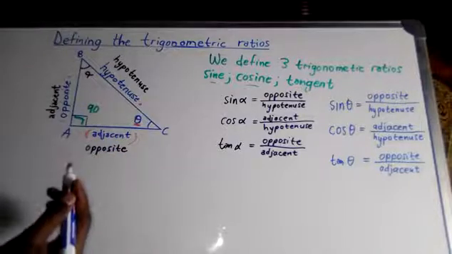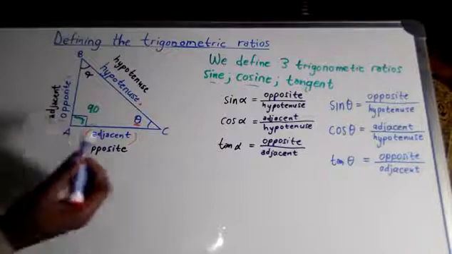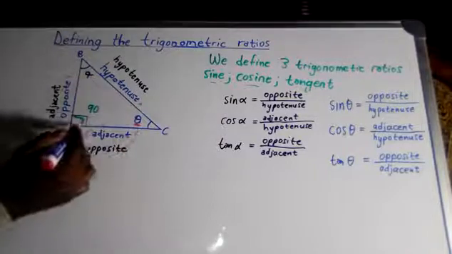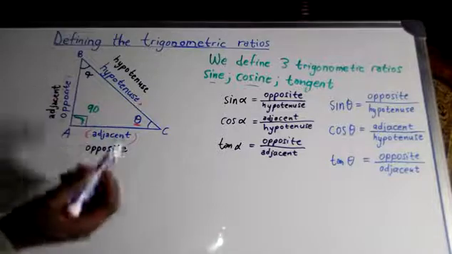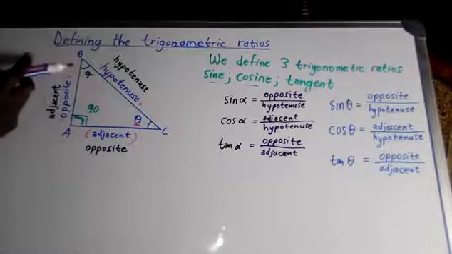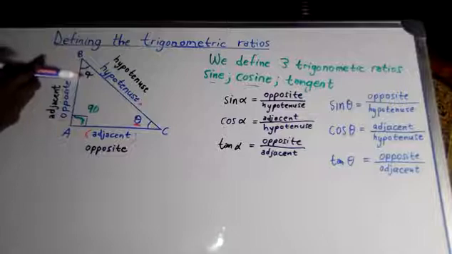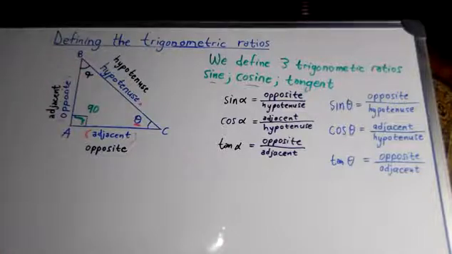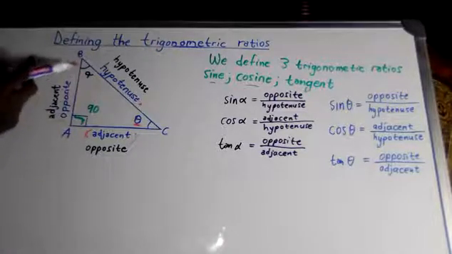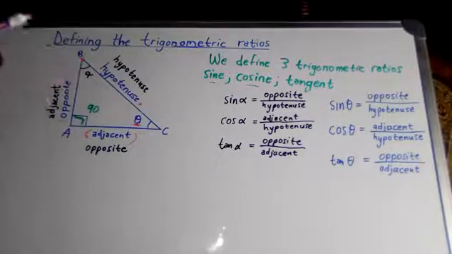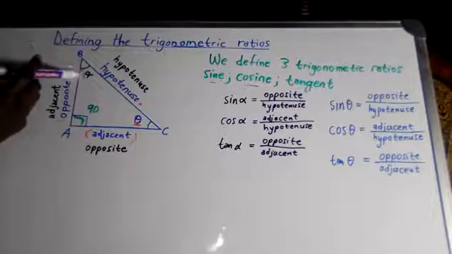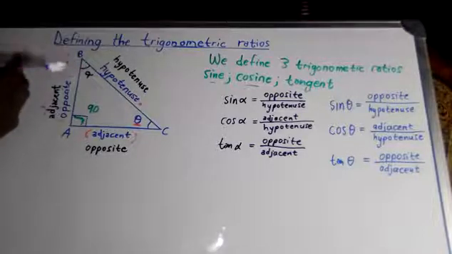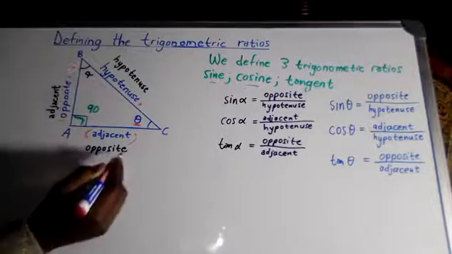Now, working with the same right-angled triangle, let's suppose we are focusing on another angle called alpha. Since our focus is on the angle alpha, always the side that is opposite the angle that you are working with is called opposite.